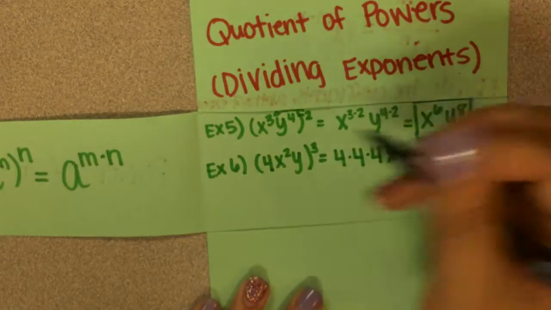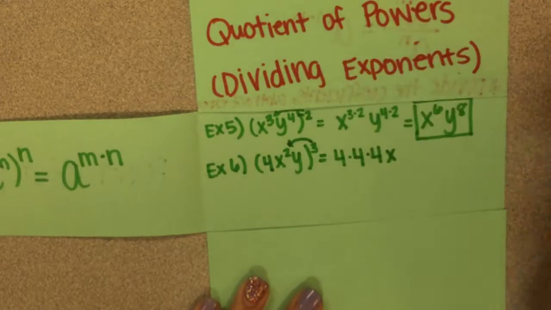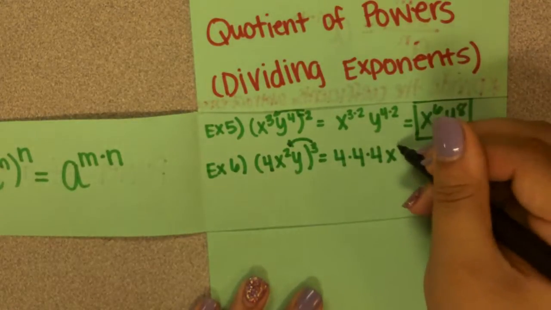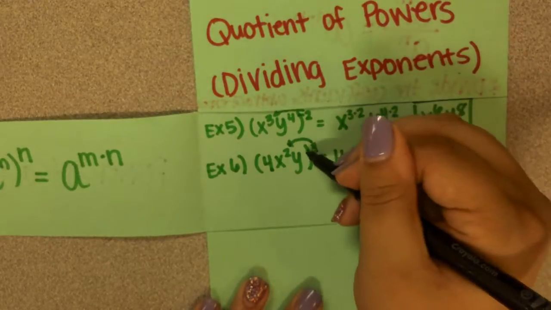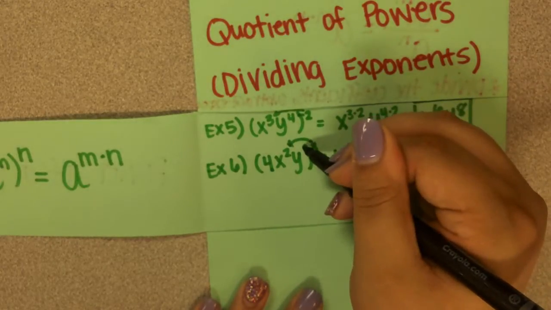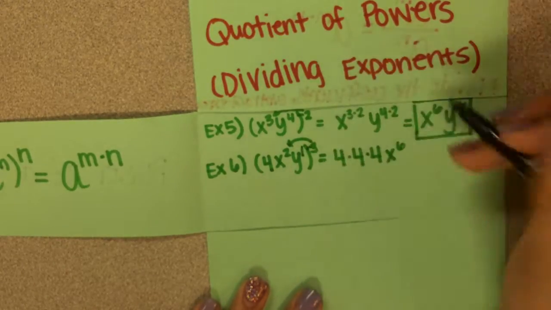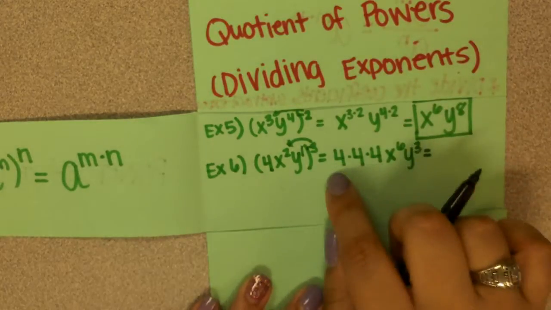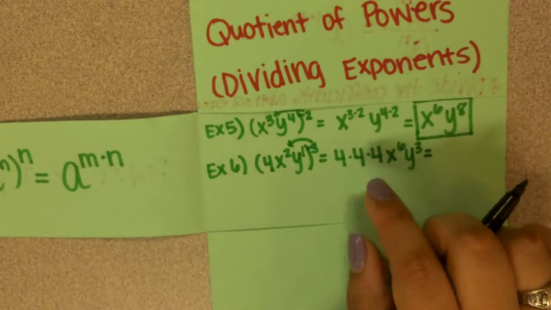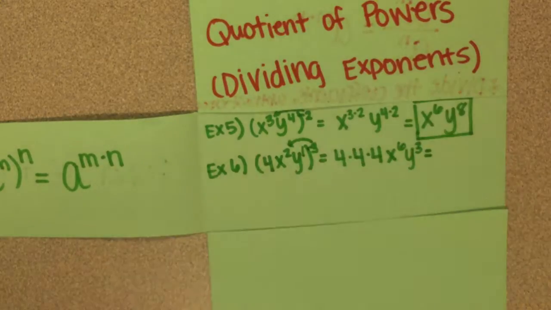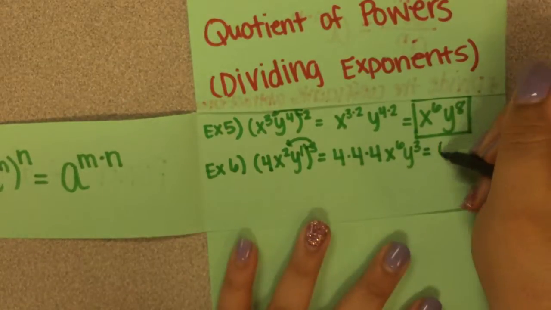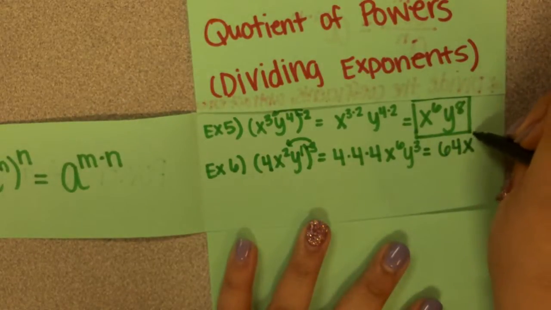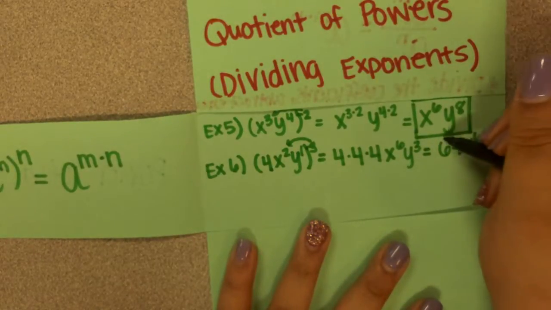And then now I have to do the same thing. What's 2 times 3? 6. Oh, what's this y? What's right there? A 1. So what's 3 times 1? 3. Please use your calculator right here. 4 times 4 times 4 in your calculator is 64. X to the 6th, y to the 3rd.